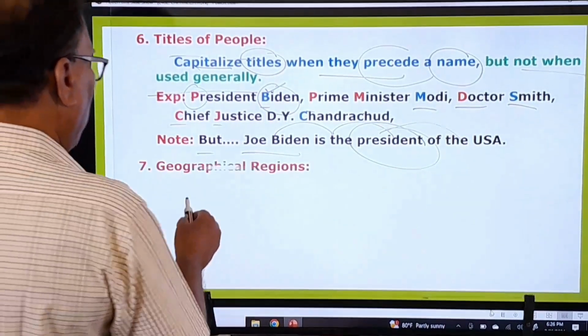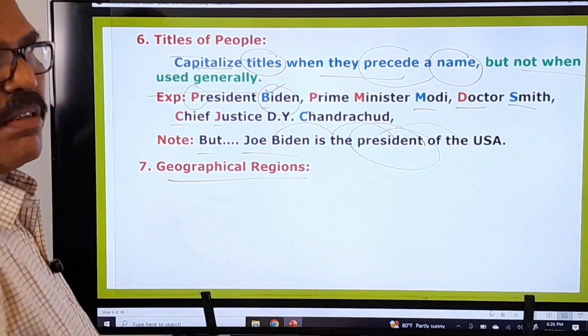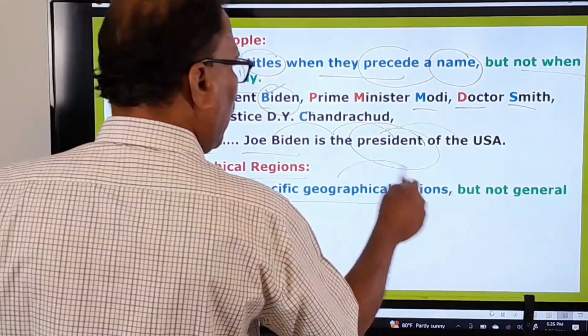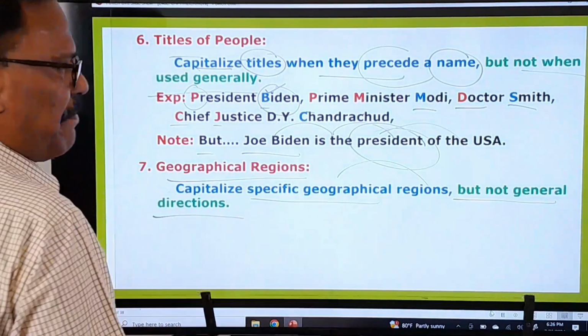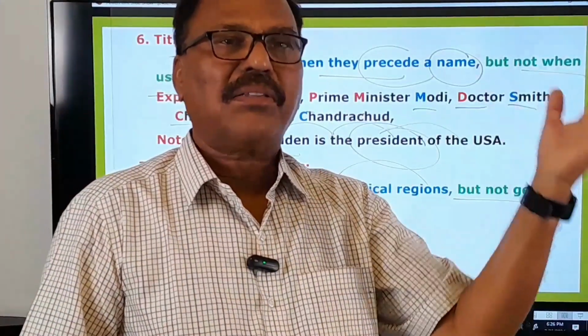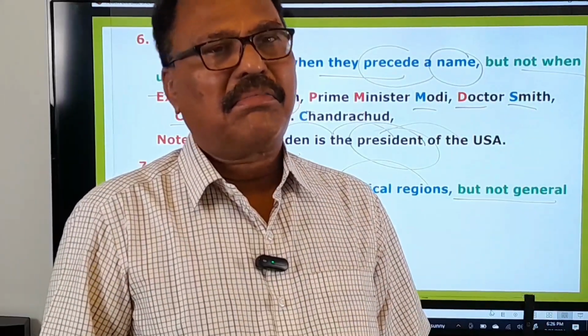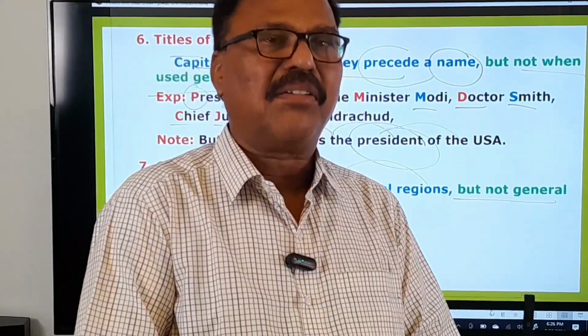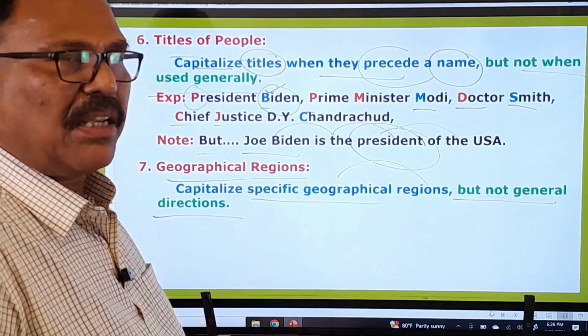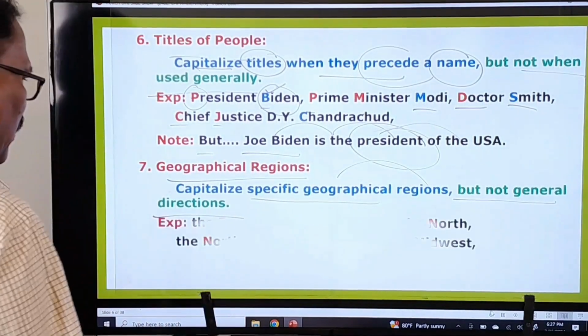Okay, right. And geographical regions. Geographical regions, you know very well. Capitalize specific geographical regions but not general directions. East, west, north, south, these are all called geographical points. And northeast, southwest, all these are geographical regions.